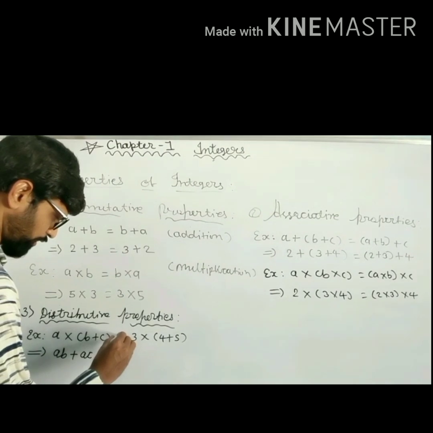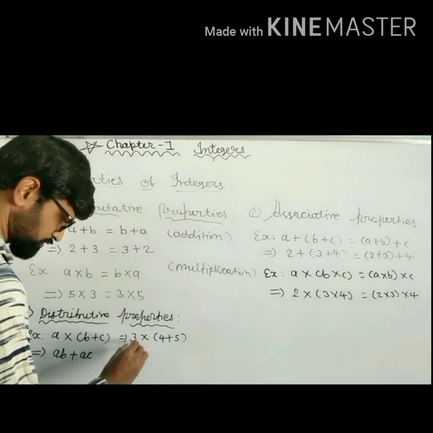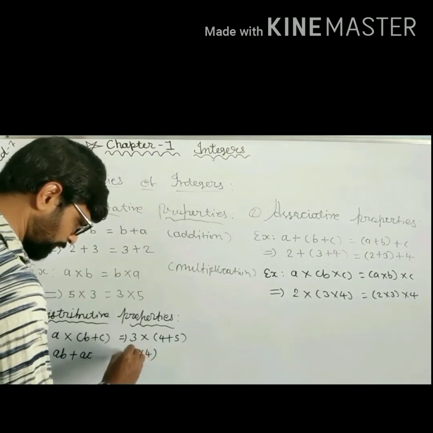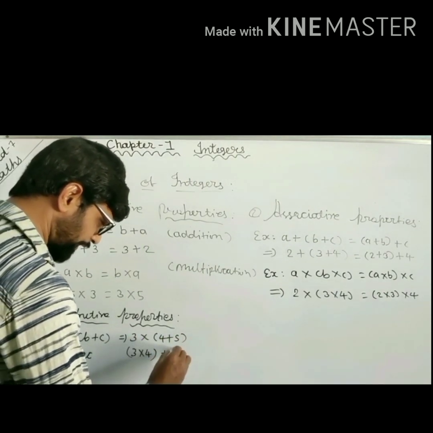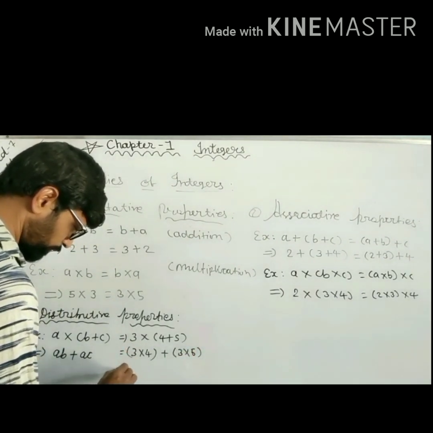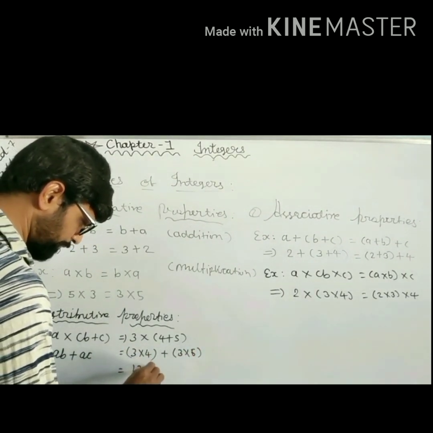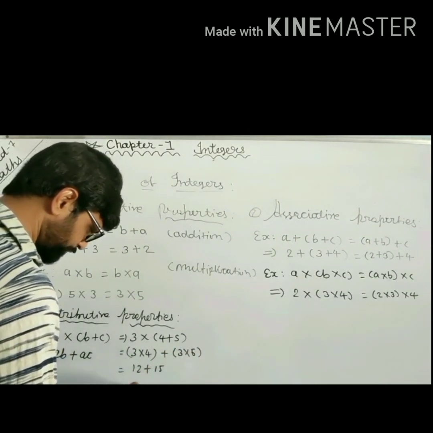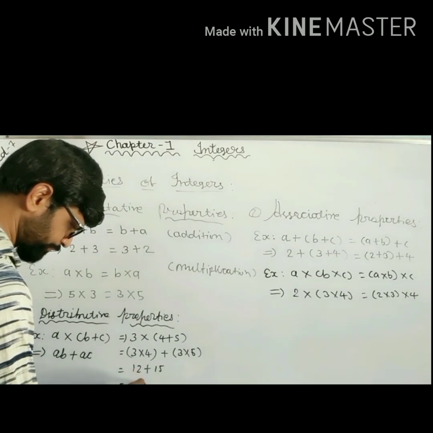So here we have to give the answer 3 multiply 4 plus 3 multiply 5. 3 4s are 12 plus 3 5s are 15. What will be the answer?